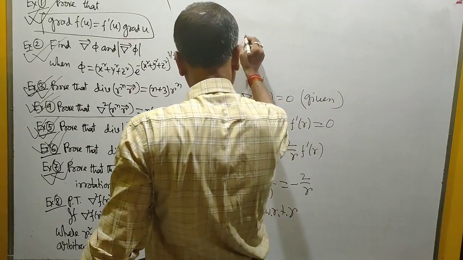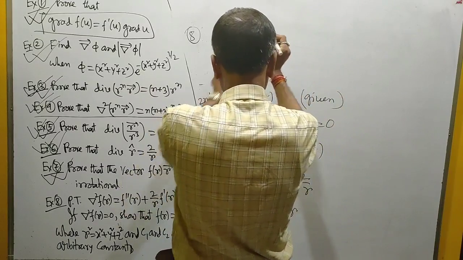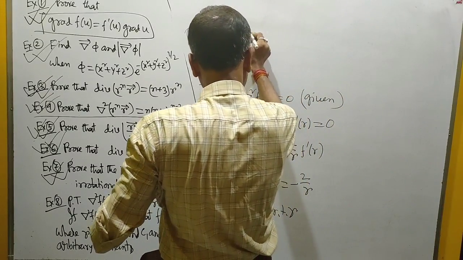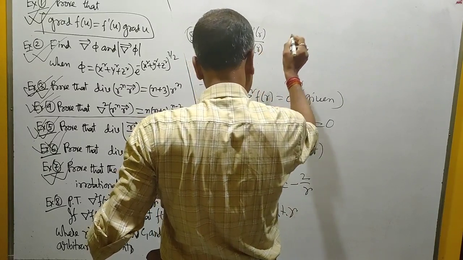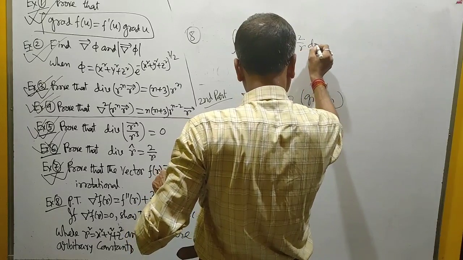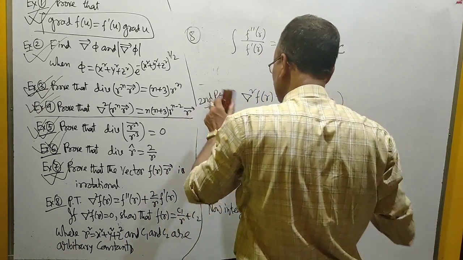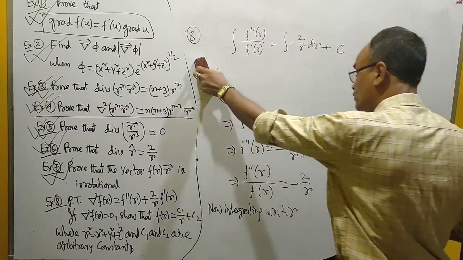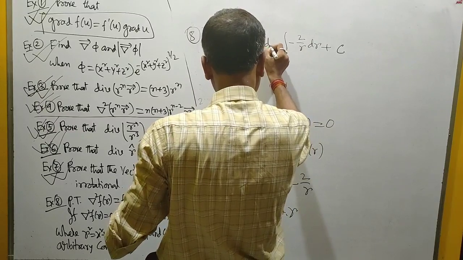Integrate f double dash r by f dash r, which will be equal to the integration of minus 2 by r, plus a constant of integration, dr with respect to r.